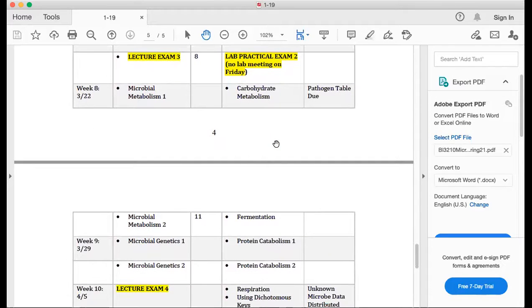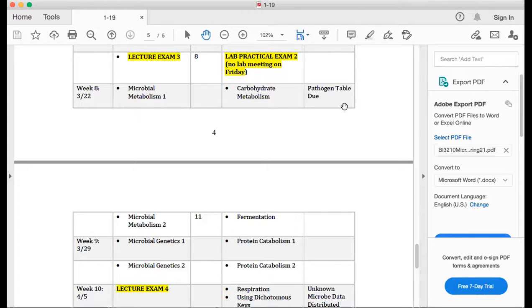Now looking ahead to next week, it's another busy week for us. You have 2 lecture topics about metabolism. In lab, we're going to be talking specifically about how microbes use carbohydrates. We'll look at carbohydrate metabolic pathways and also fermentation.